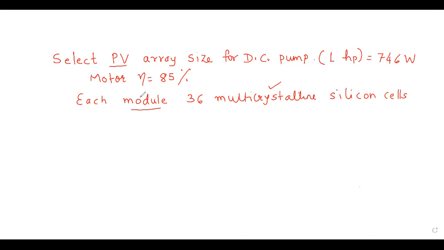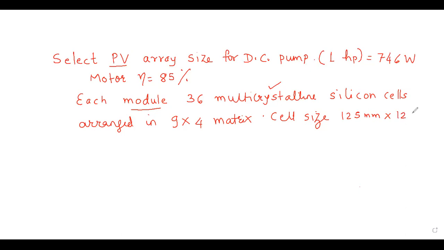It is arranged in a matrix of 9 by 4, and it is also given that the cell size is 125 mm by 125 mm, and the efficiency of the cell is 12%. Okay, so now let us do the calculations.